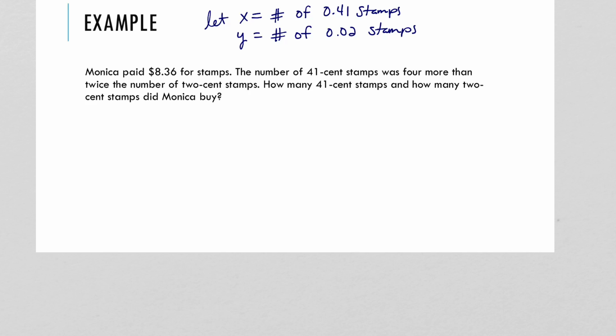Okay, and I know that 41 cents times x plus 2 cents times y is equal to $8.36.